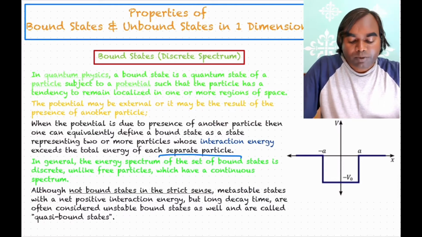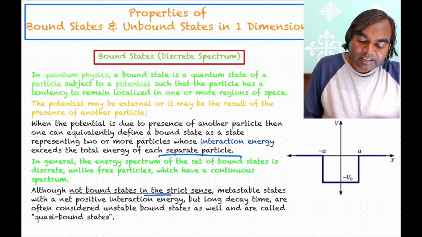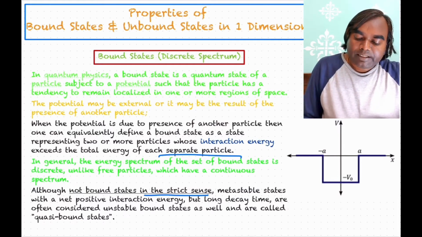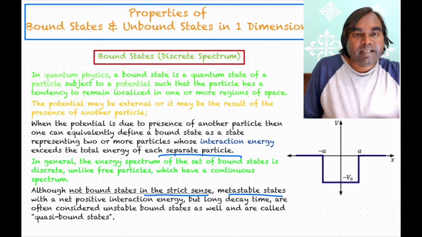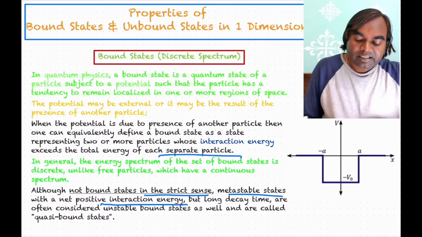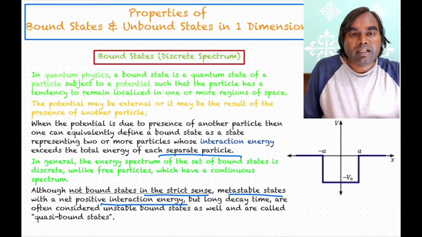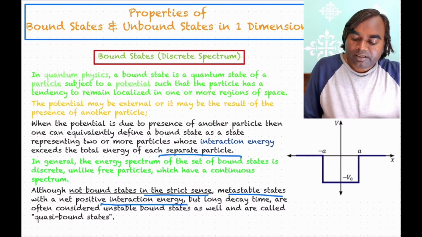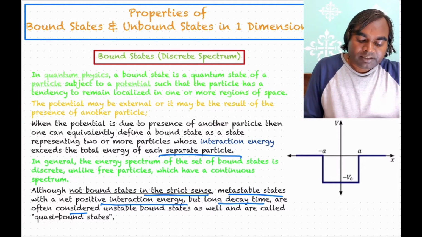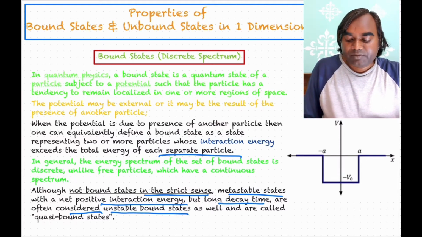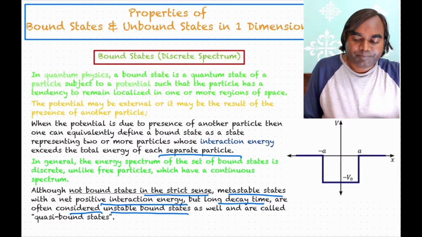Although not bound states in the strict sense, metastable states with a net positive interaction energy, but with long decay times, are often considered as unstable bound states as well, and such bound states are called quasi-bound states.